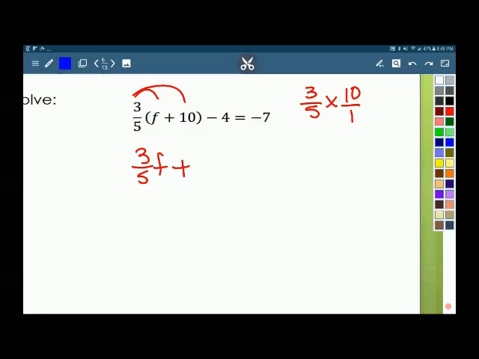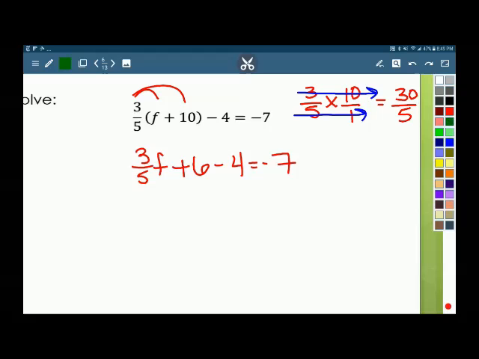Again, we would just multiply the numerators and multiply the denominators. That's going to give me 30 over 5. And 30 divided by 5 is just 6. So that was nice. Make sure you drop down that -4. Don't let it disappear. Is equal to -7.